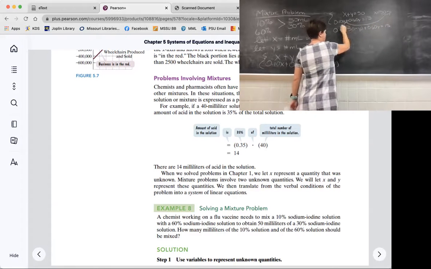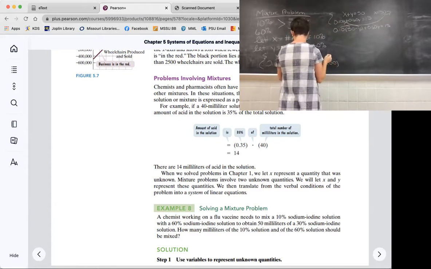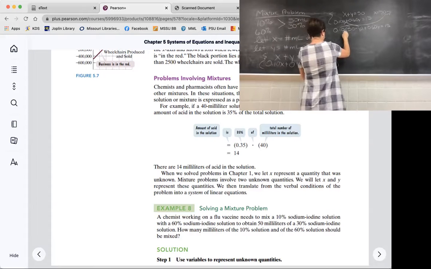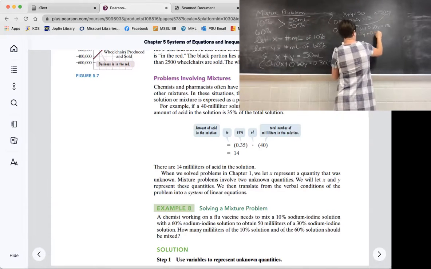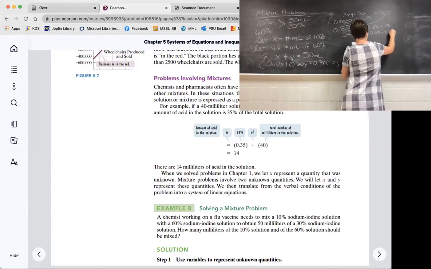I'm going to distribute the 0.10, so that'll be 5 minus 0.10Y plus 0.60Y equals 15.